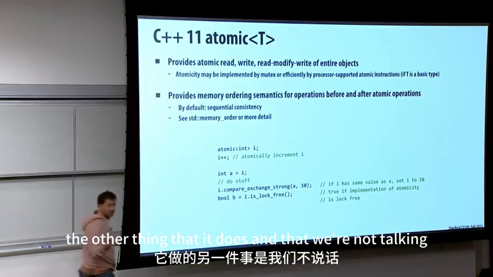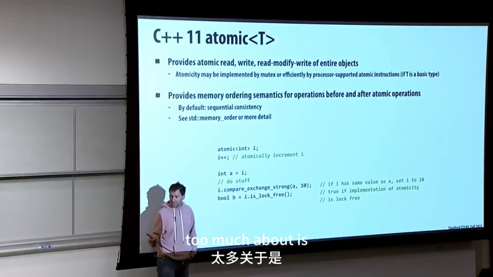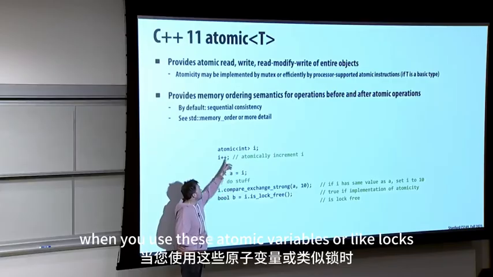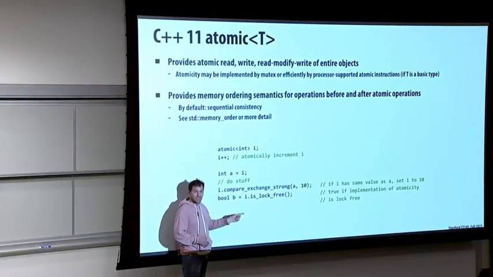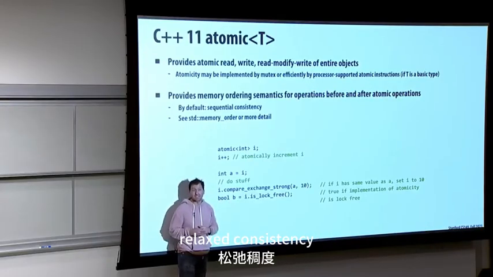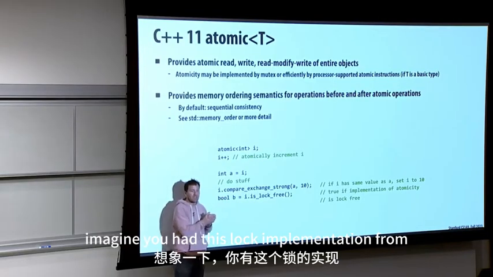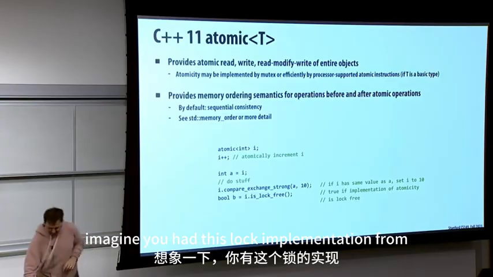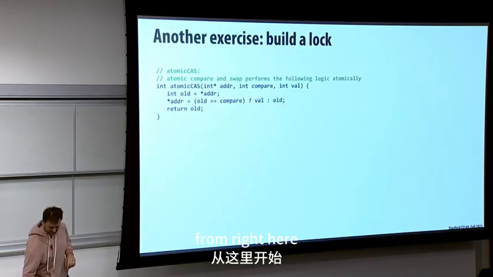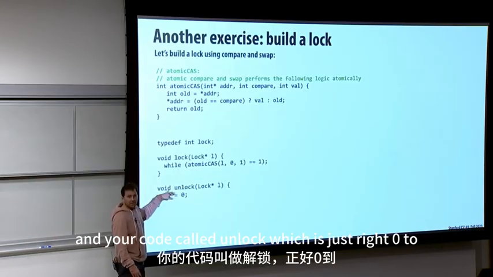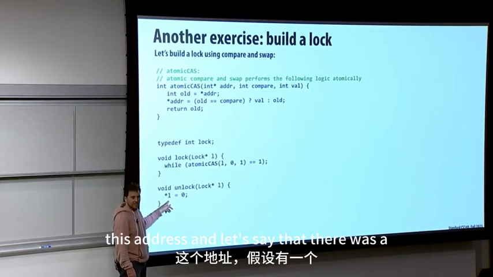The other thing, which we're not talking about in too much detail, is that when you use these atomic variables or locks, you have to be really careful about relaxed consistency, like if you were implementing these things. Imagine you have this lock implementation right here, and your code called unlock, which is just writing 0 to this address.